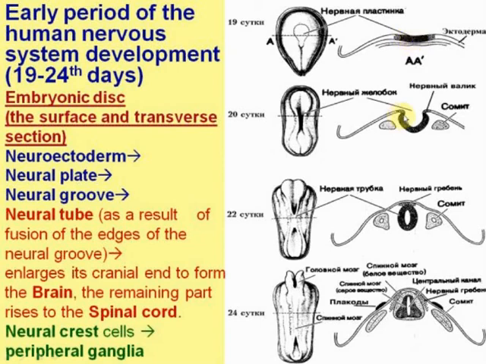Then it invaginates and the neural groove appears. From the 22nd day the edges of the neural groove fuse together, forming the neural tube, initially in the middle of the embryo.